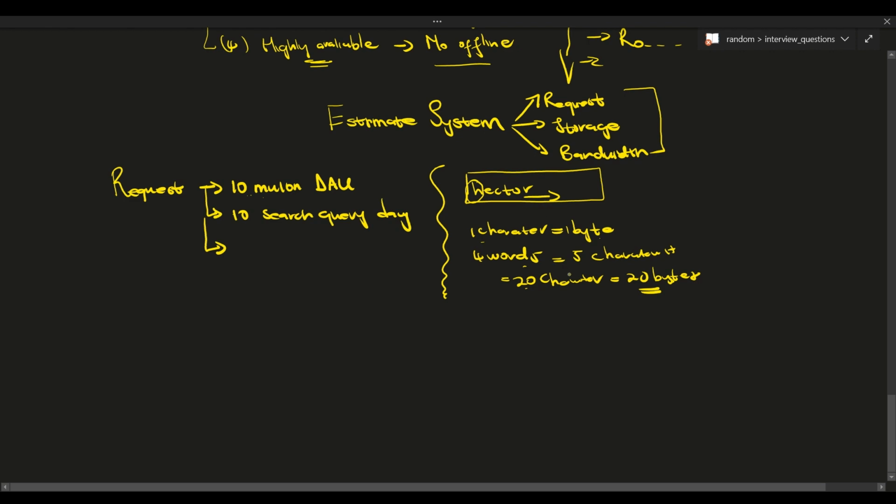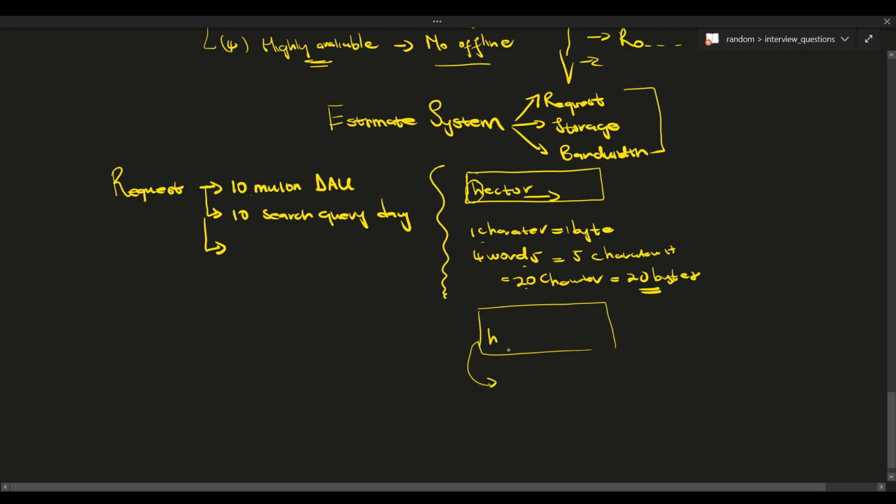Given that, for every character inserted within the search box, say the user inserts H, we make a request to the backend. Does that make sense?